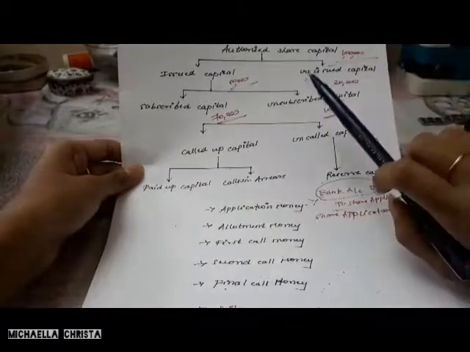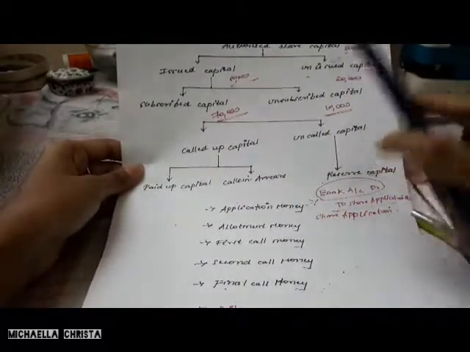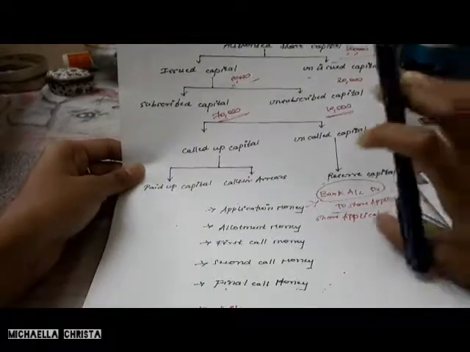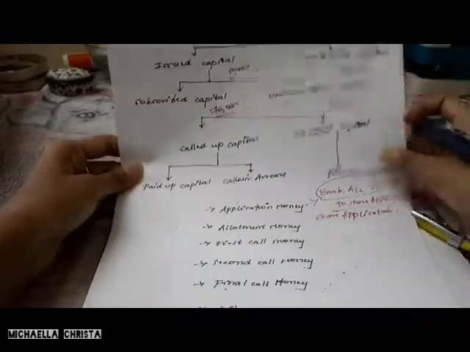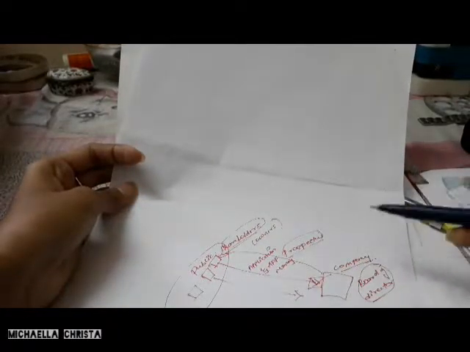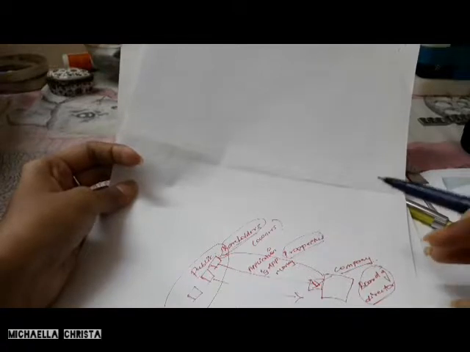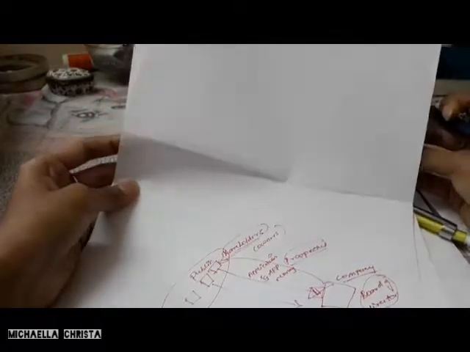The remaining will be the unissued capital. And not all the capital issued by the company will be purchased by the public. Only a few have subscribed; the public haven't subscribed for the total issued amount.